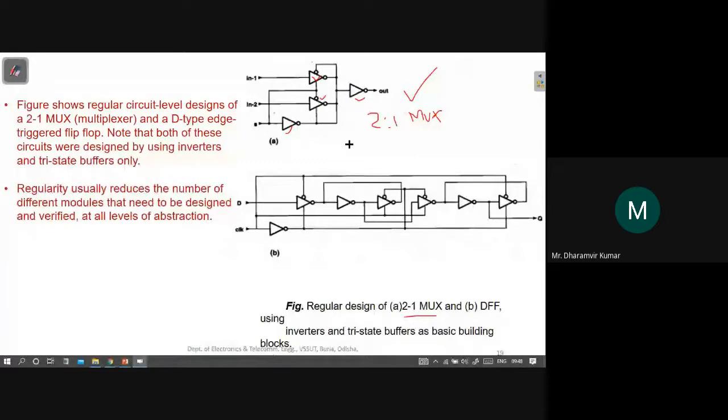That is why you look here: this circuit uses only two kinds of smaller blocks, whereas the basic multiplexer circuit will use AND gate, OR gate, and inverter.